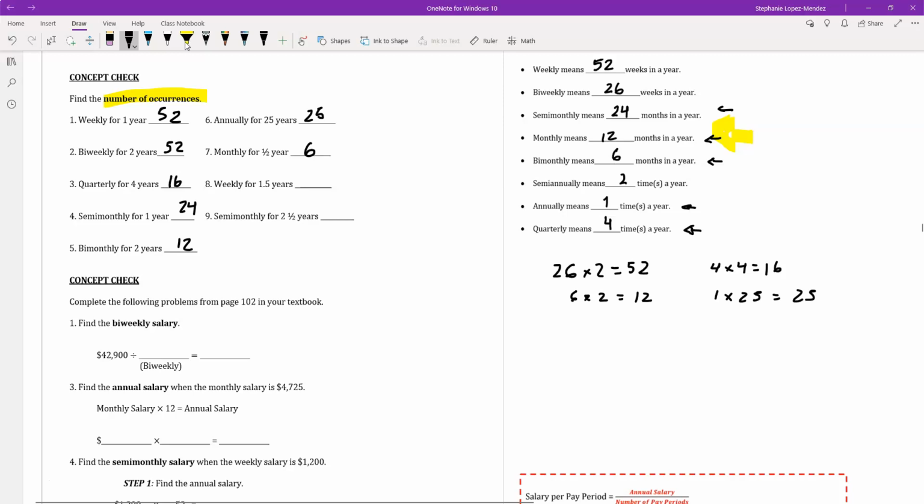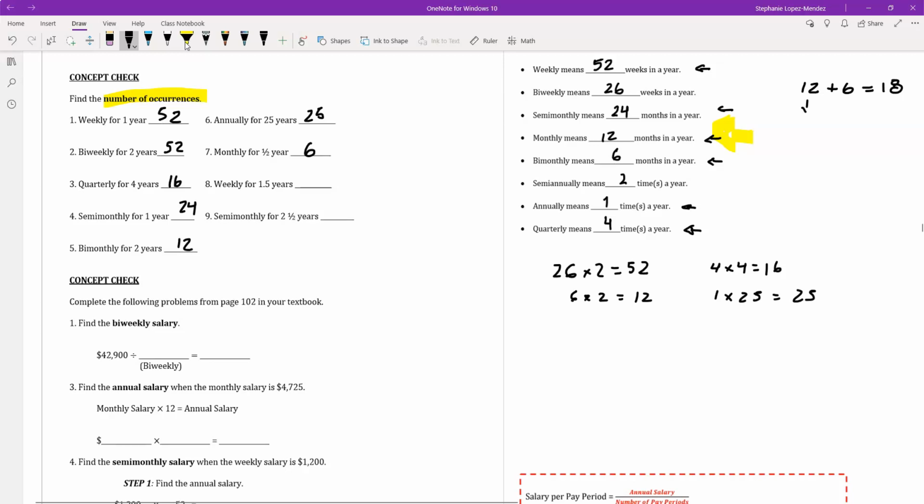Number 8 says weekly for a year and a half. So weekly here is once every week. Since it's asking for 1 year and a half, I have 12 months plus half of the next year. That gives me 18 months. And I'm getting paid weekly.